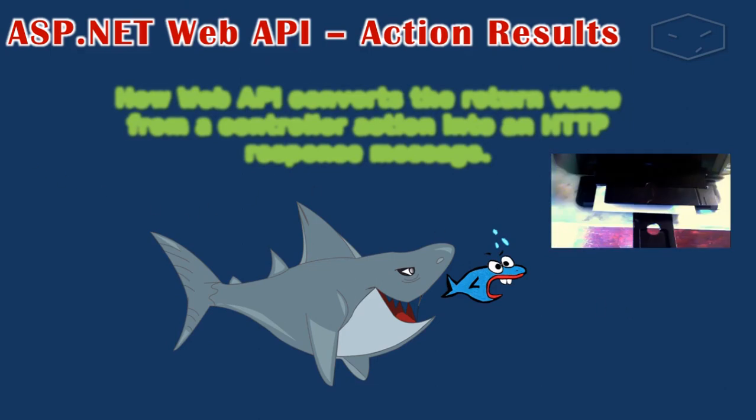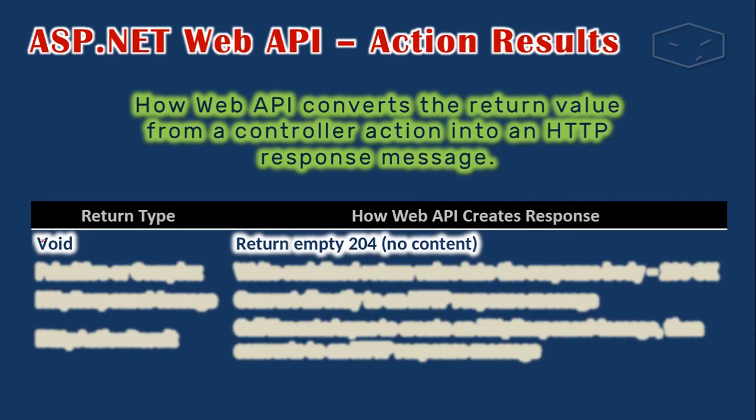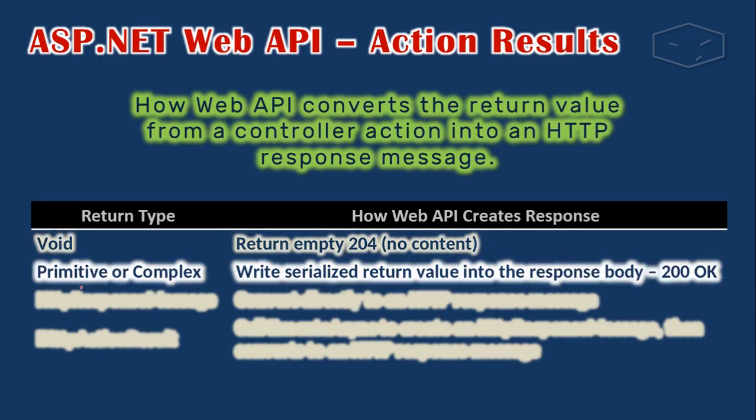So in this video we will see how Web API converts the return value from a controller action into an HTTP response message, which means that for void it will return empty 204 no content. For primitive or complex types it will write the serialized value into the response body, 200 OK.